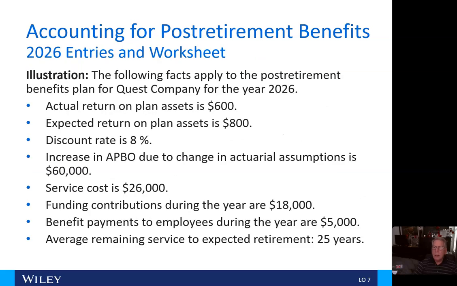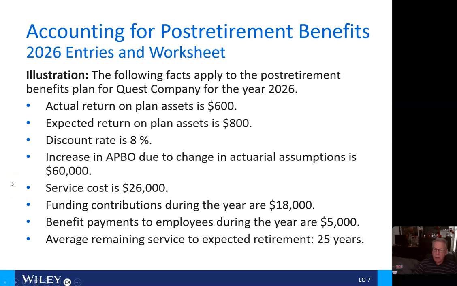Okay, let's take a look at an illustration for Quest Company in 2026. We have annual return on plan assets, $600. Expected return on plan assets is $800. The discount rate is 8%. The increase in APBO due to change in actuarial assumptions is $60,000.